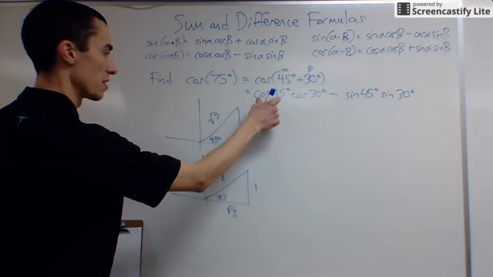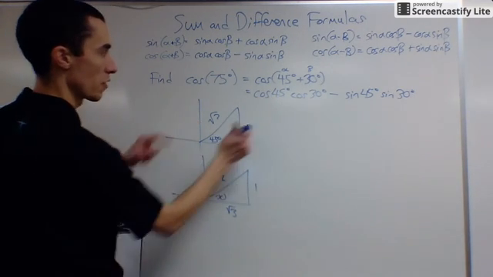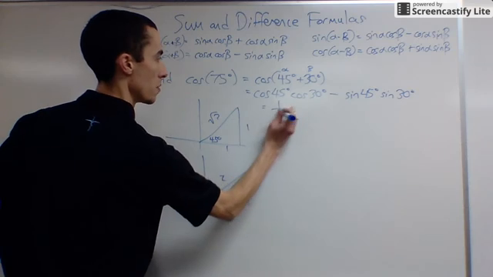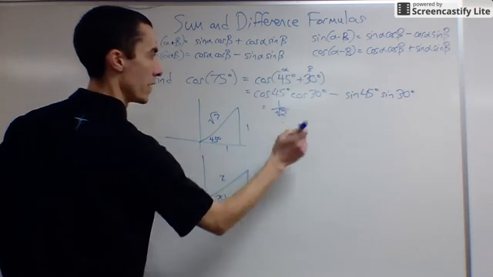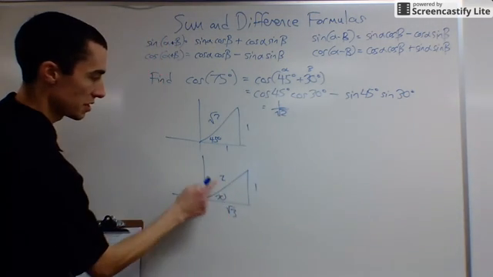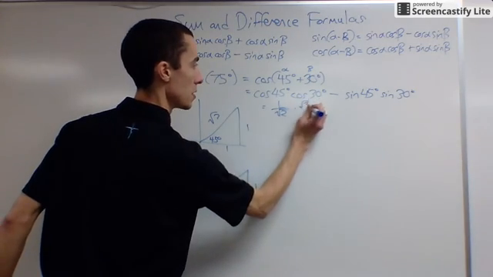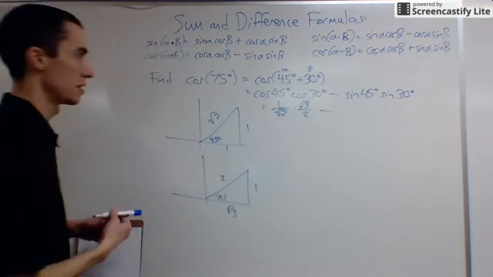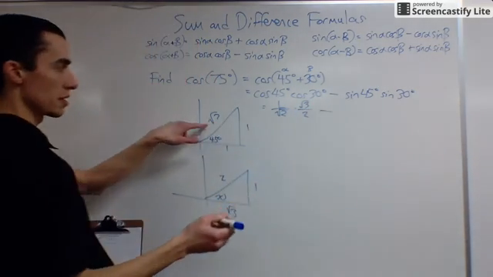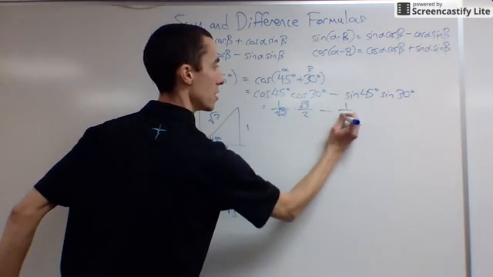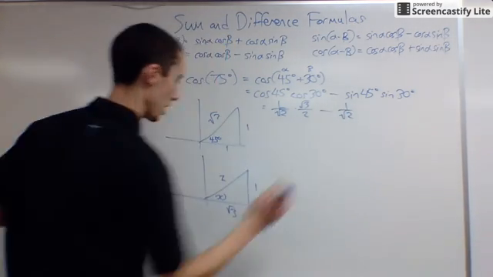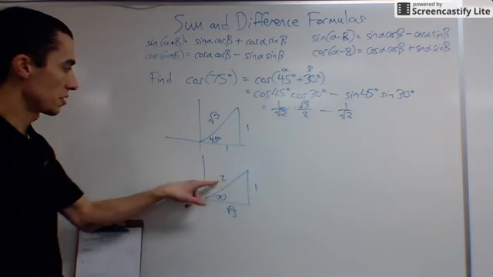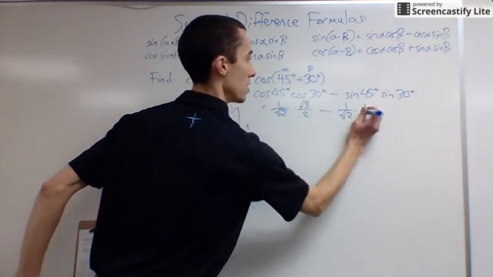So then the cosine of 45 degrees is adjacent over hypotenuse. The cosine of 30 degrees is root 3 over 2. Minus the sine of 45, opposite over hypotenuse, times the sine of 30, which is 1/2.